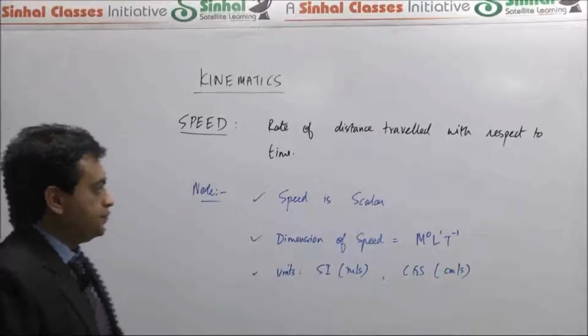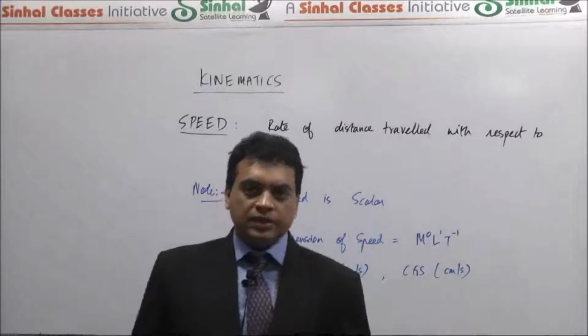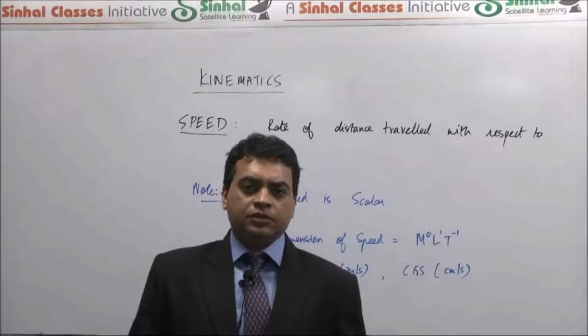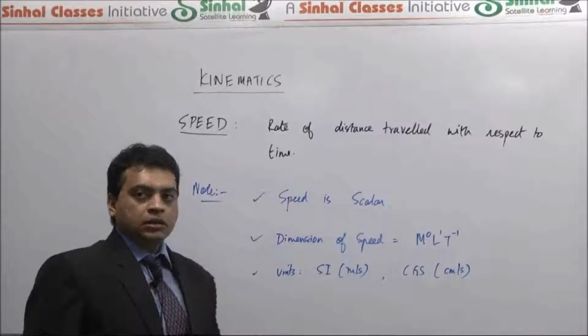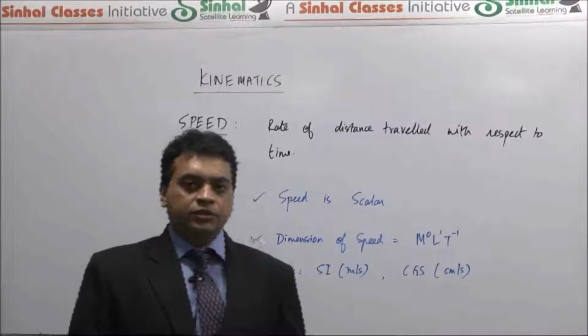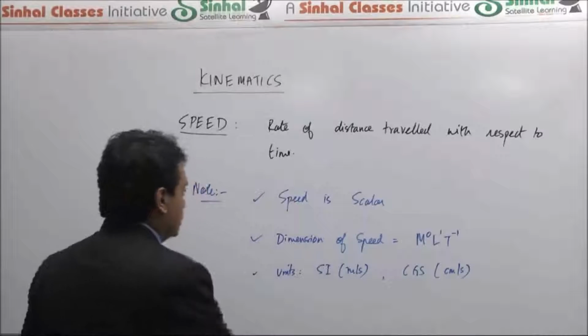Okay. Now the more important aspect over here is the understanding of average speed in an interval versus instantaneous speed, which is basically defined in terms of average rate of change of distance versus instantaneous. So let's understand that with an example.